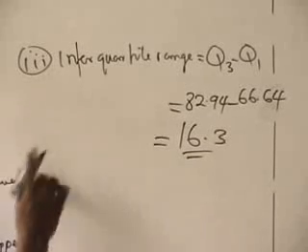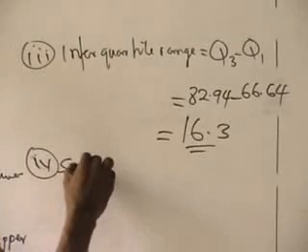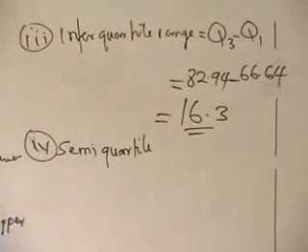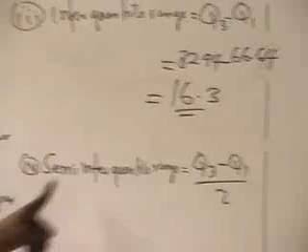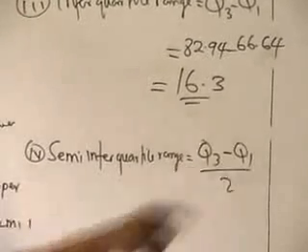Now, they didn't ask us, so we have answered the question, but let's assume that they asked us to find the semi-interquartile range or quartile deviation, because if they didn't ask you this year, they will ask you next year. The semi-interquartile range is Q3 minus Q1 divided by 2.